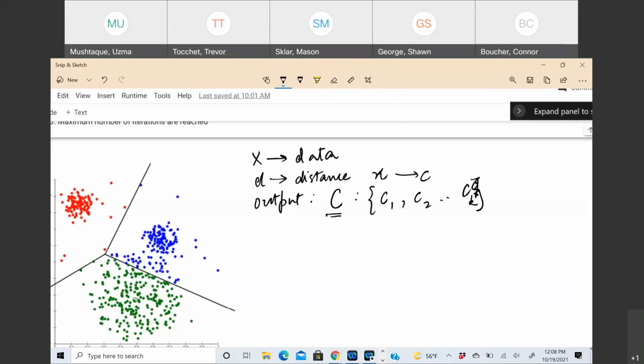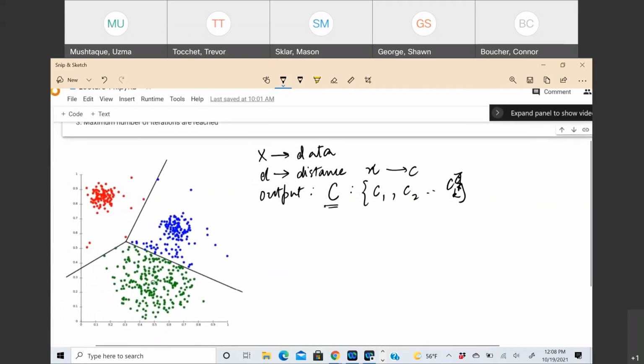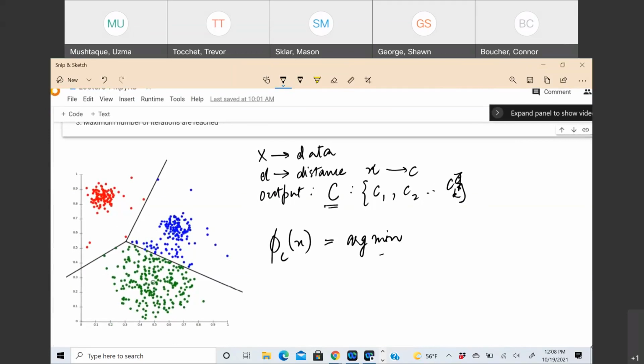So what exactly am I trying to do when I'm creating these clusters or different groups? Thinking about that, the overall idea is that I'm doing 2 different things. The first thing is that I'm computing some function phi sub c, and let me say that for any point X in my data, I'm trying to minimize, within a cluster, where C belongs to the big C, any of these Ci or Cj, this distance.